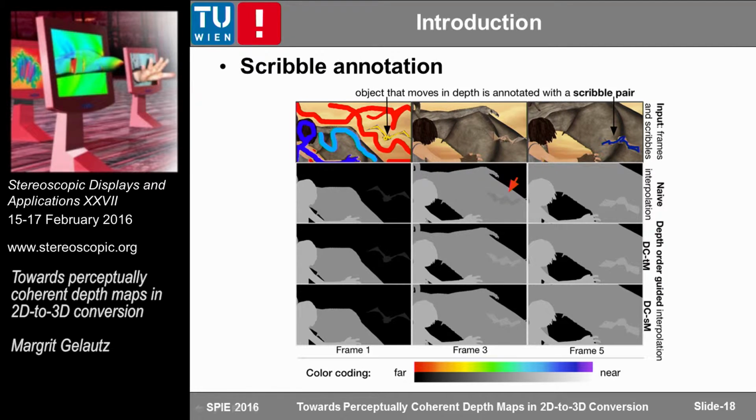That's when we might come to perceptually incoherent results as shown here, because the depth value that's computed for the dragon on that intermediate frame indicates that the small dragon is still behind the big dragon, whereas the occlusions in the input video show us that it's actually the other way around. So that's an undesired effect that might come from a very straightforward depth interpolation.